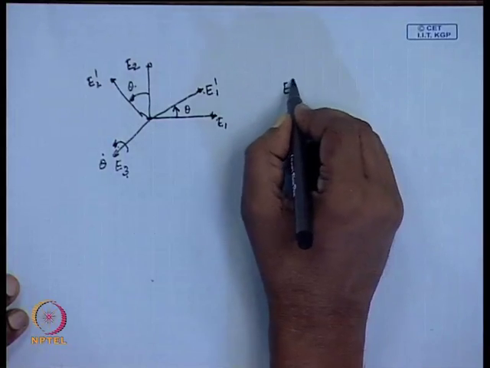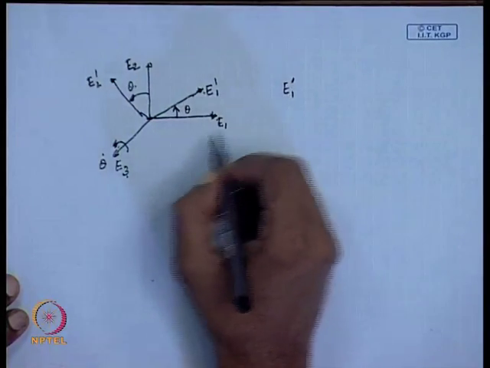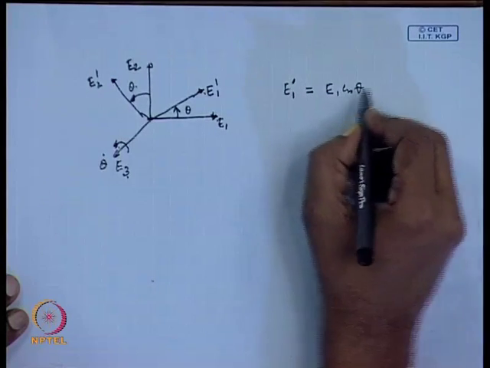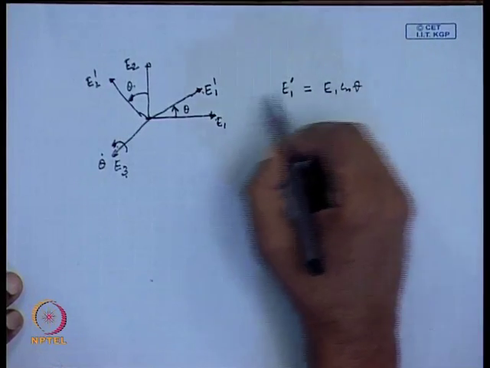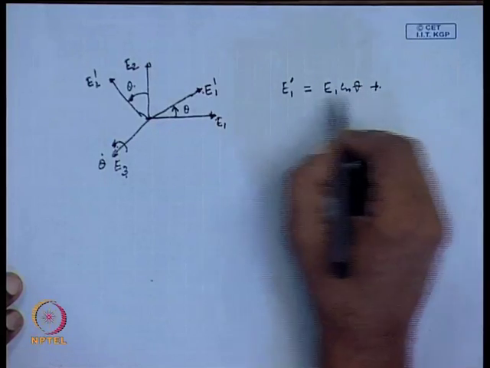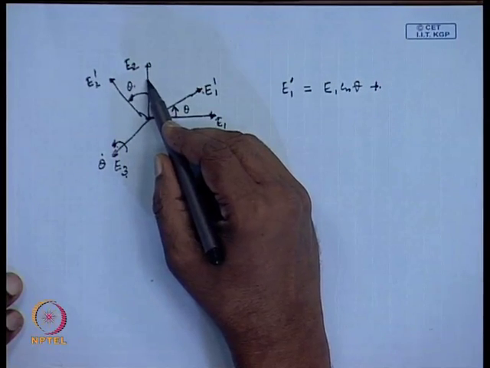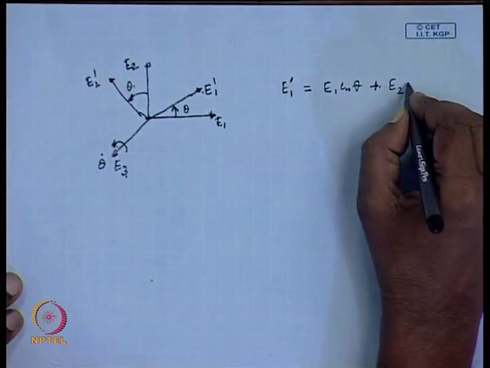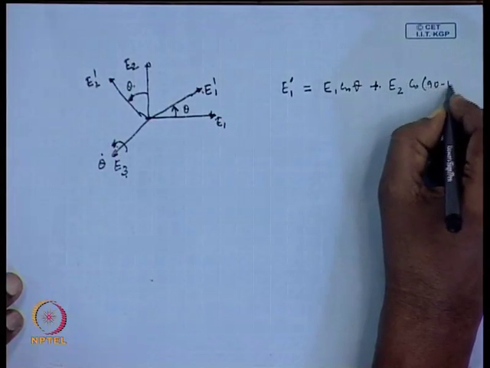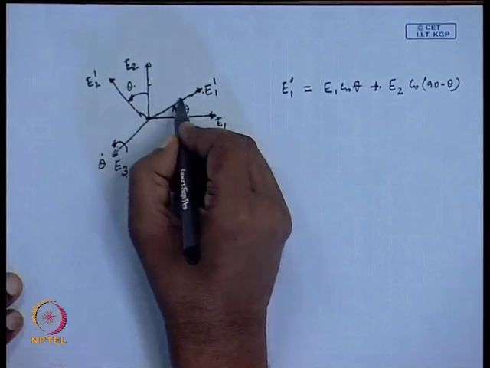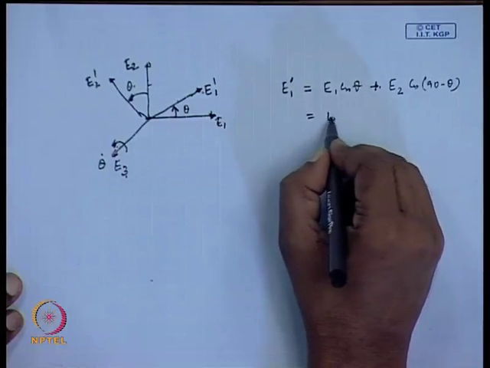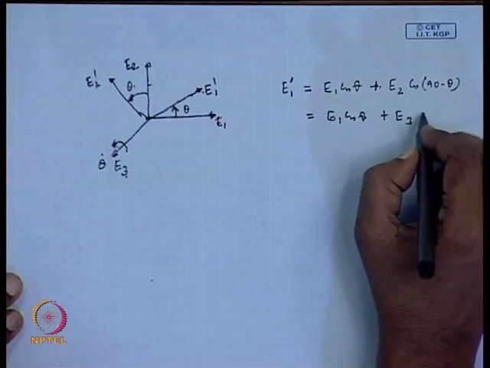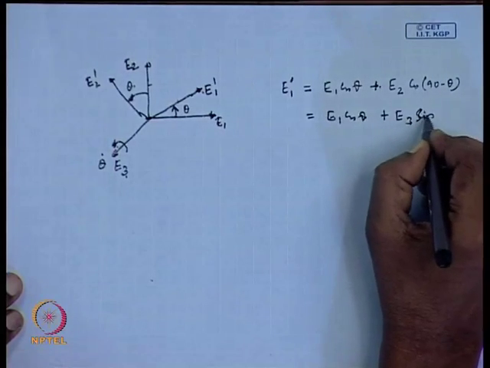The resulting components in this direction you can write as E1 prime equals E1 cos theta plus we have to take the component of E2 cos (90 minus theta). This is the angle from here to here, 90 minus theta. That is E2 sin theta.